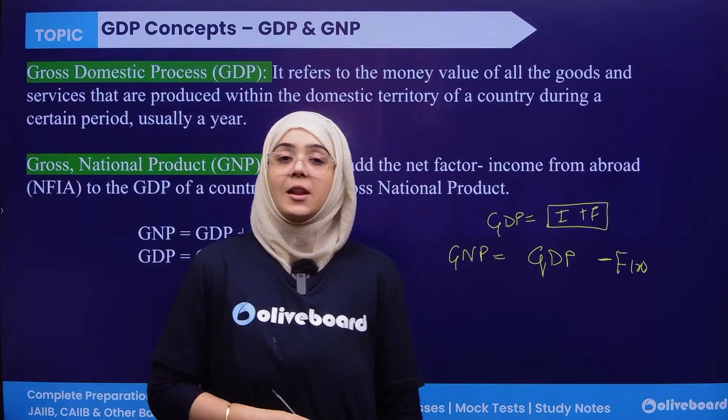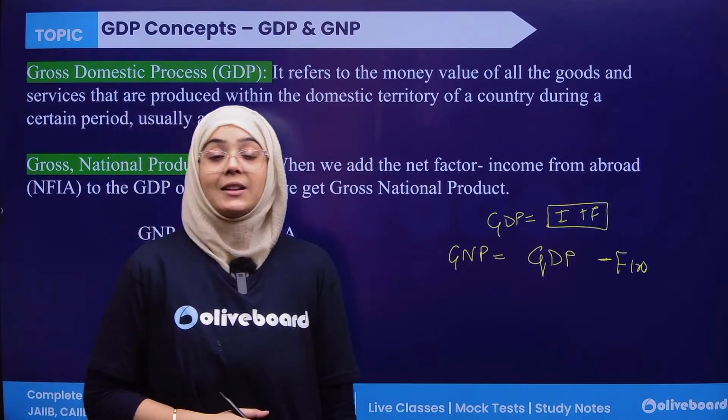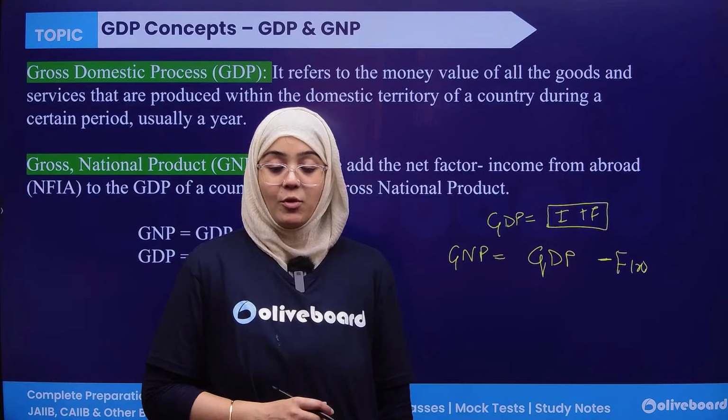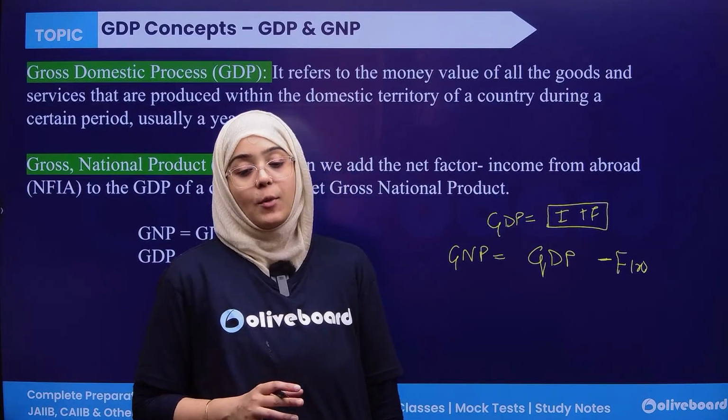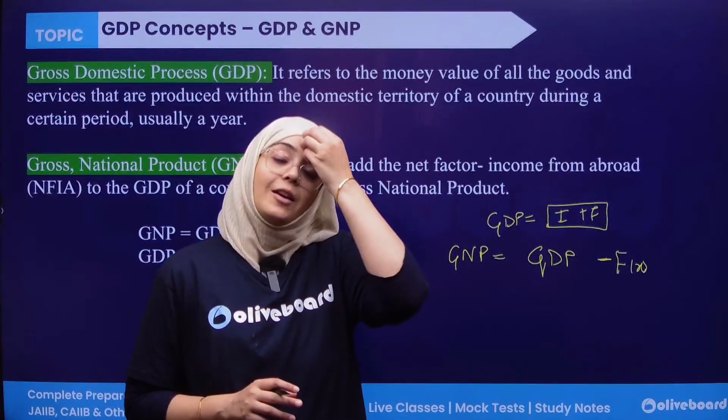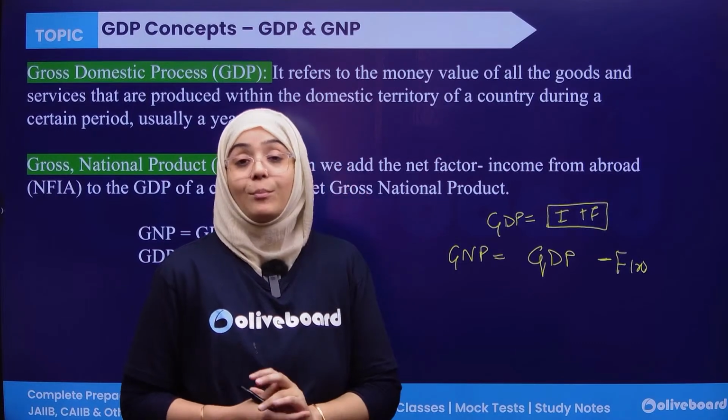Because in GDP, everything is included which is produced within the country. But when concerned with the national product, we are concerned only with the income of Indians mainly.